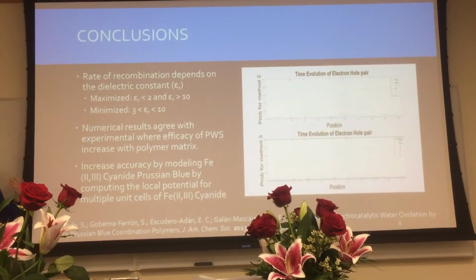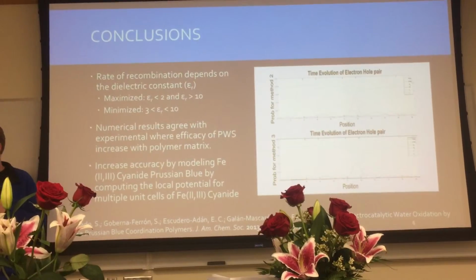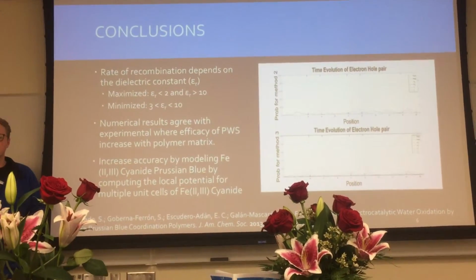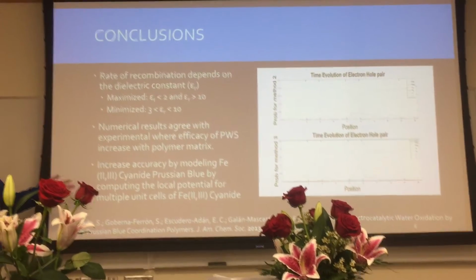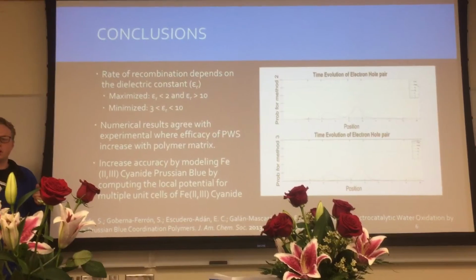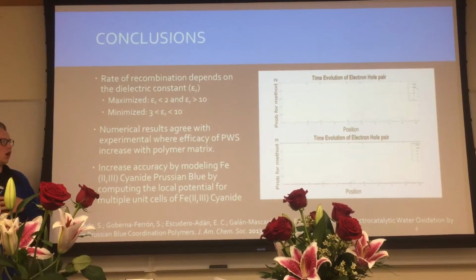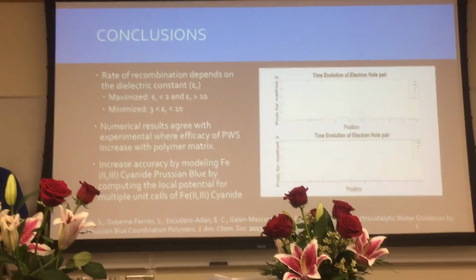And our conclusions also support the paper where they say that a polymer matrix increases the efficiency of the cell. Future work for this would be to try and go in 2 dimensions instead of just 1. But on a desktop computer, that's too expensive.